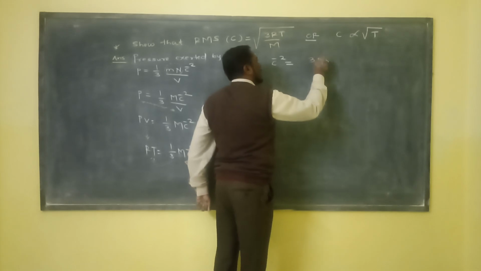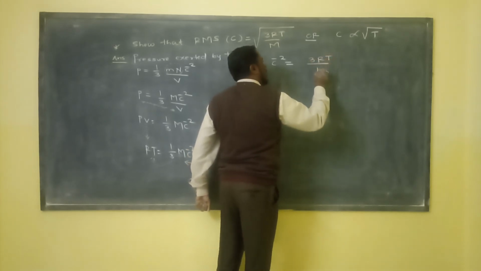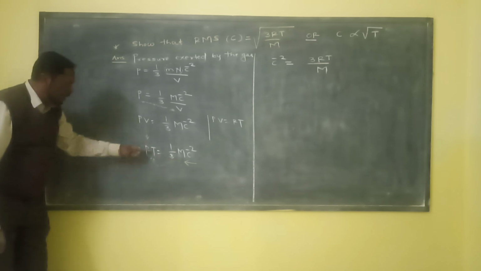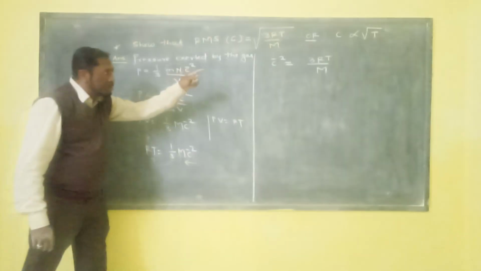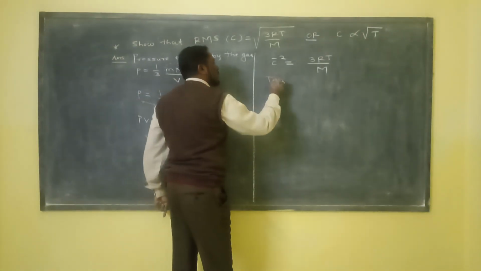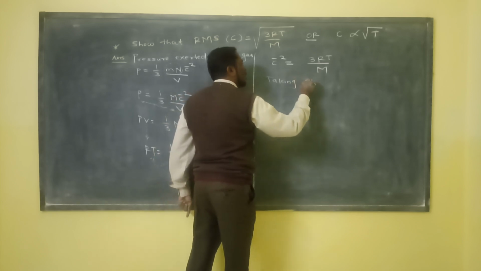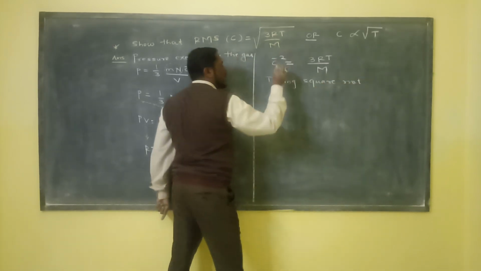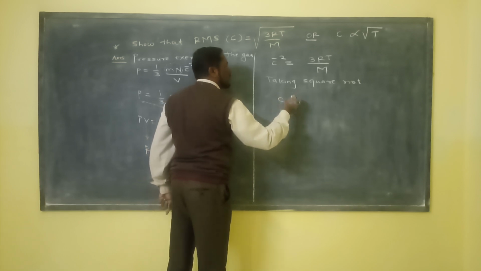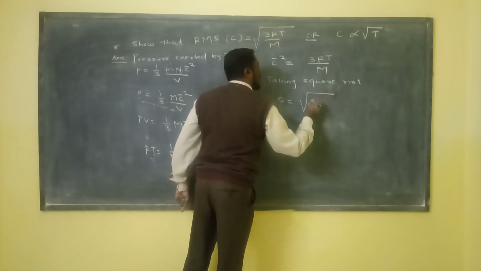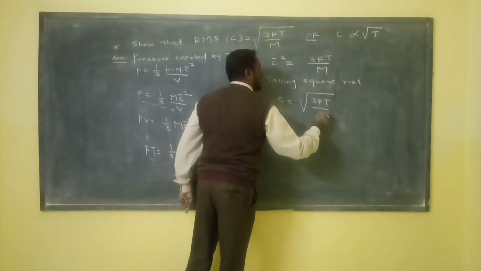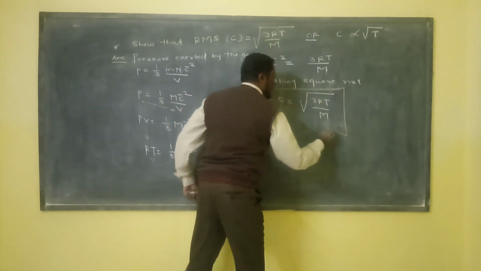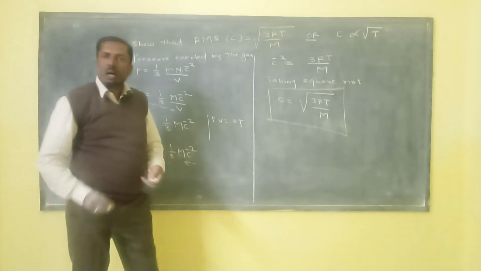It becomes 3 RT, what remains, upon M. Bar C square is equal to 3 RT by M. Taking square root, this bar C square becomes only C. So C is equal to under root 3 RT by M. Hence the proof.